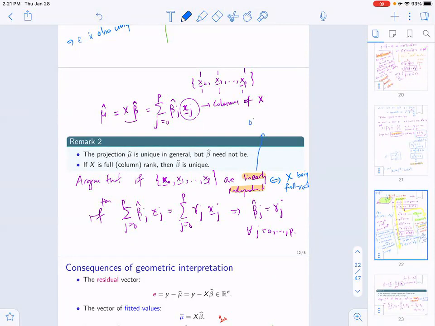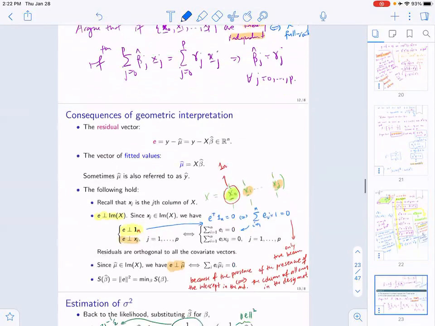That's great to point out. Multicollinearity. Yeah. Okay. Any other questions?